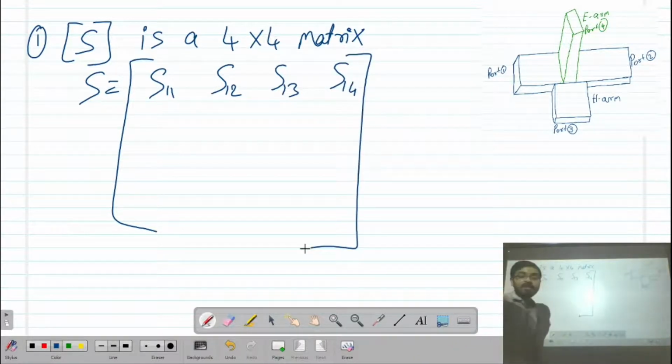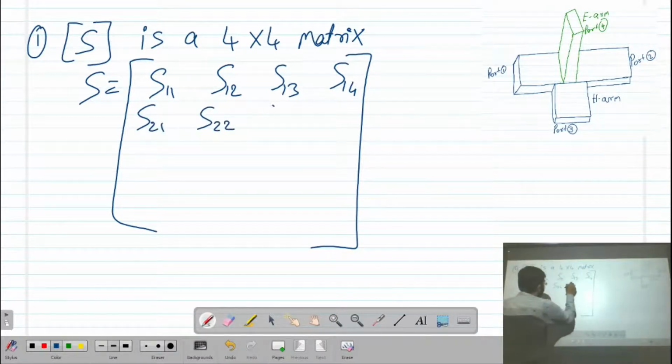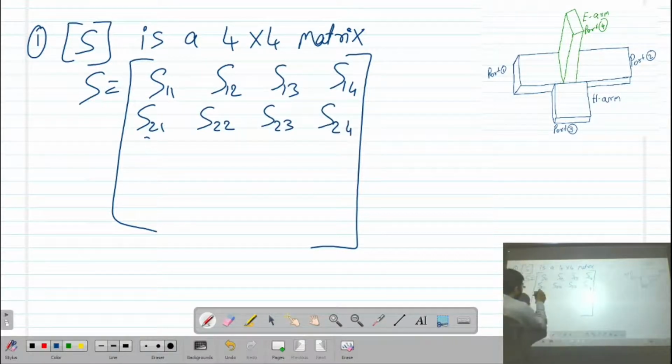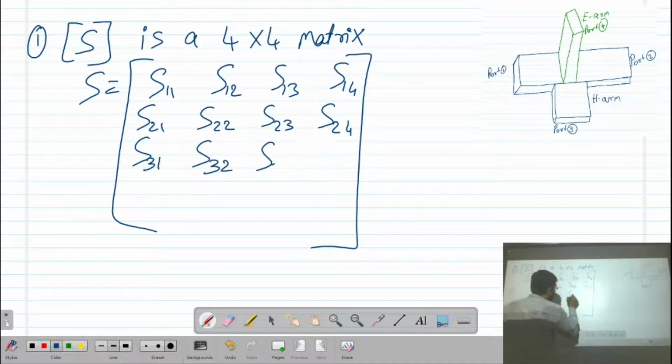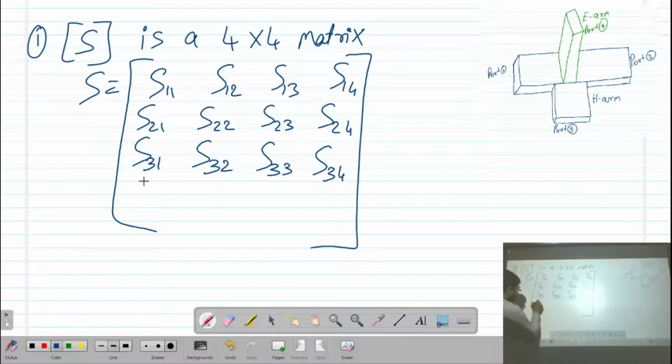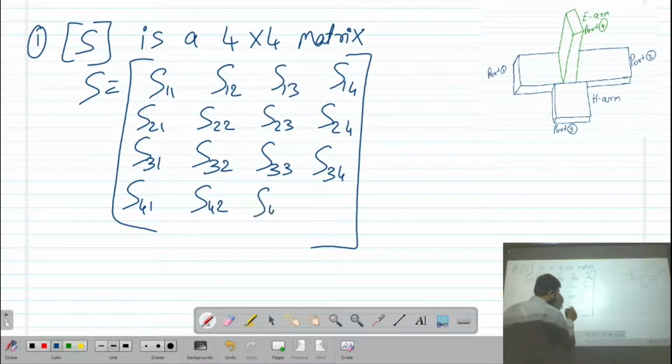Up till now we have just seen a 3 cross 3 matrix, and this is a 4 cross 4 matrix.